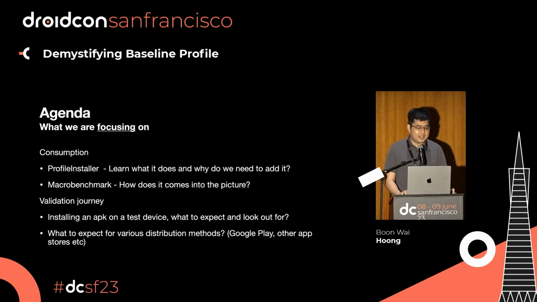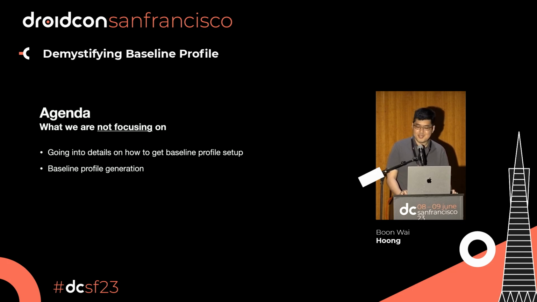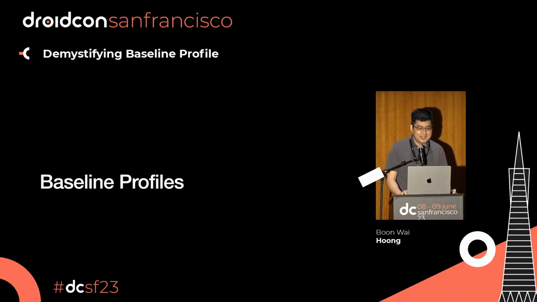And finally, what to expect for various distribution methods like Google Play or other app stores. What we are not focusing on today is the details of how to get it set up and generation itself. So let's get started.